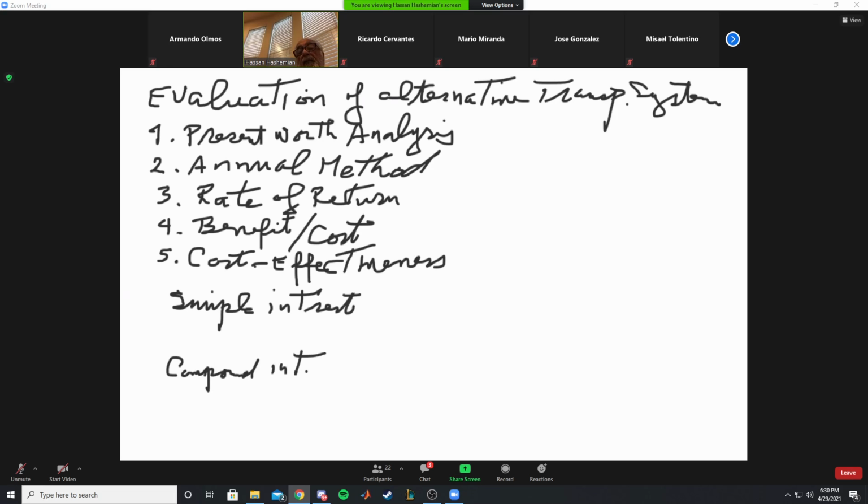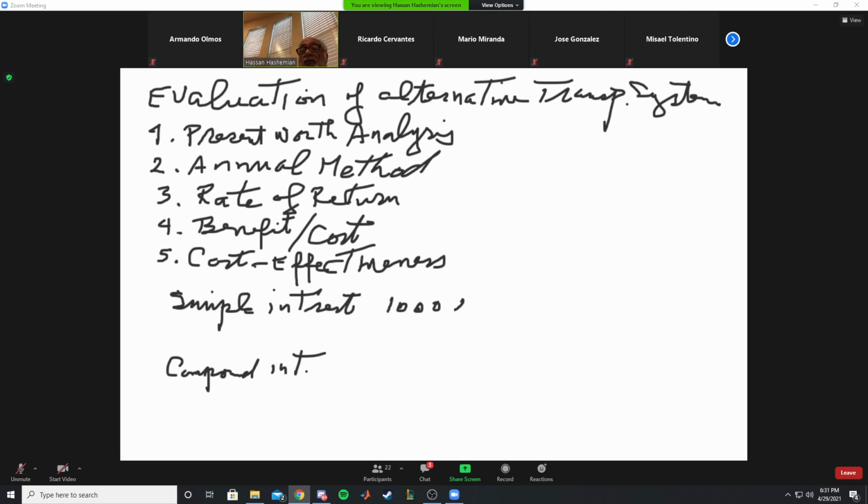All right. Now, on simple interest, you probably have had that type of calculation in high school. If you have $1,000, and let's say you put it in the bank, and the bank pays you 12% interest per year. If you leave it for 5 years, you want to know how much money you have at the end of 5 years.